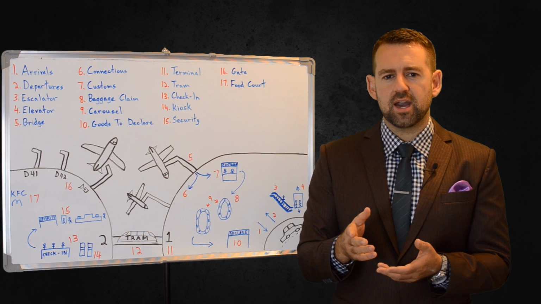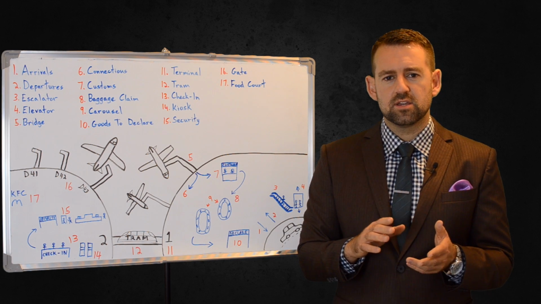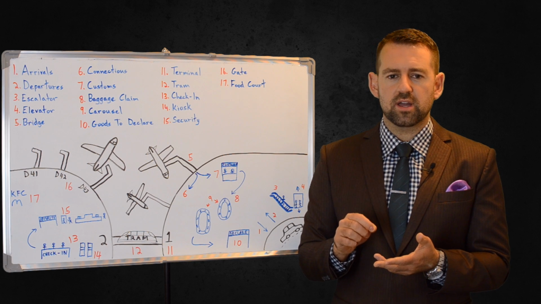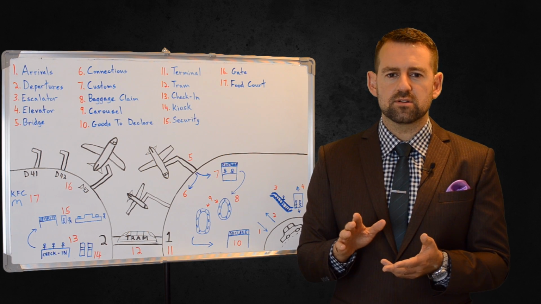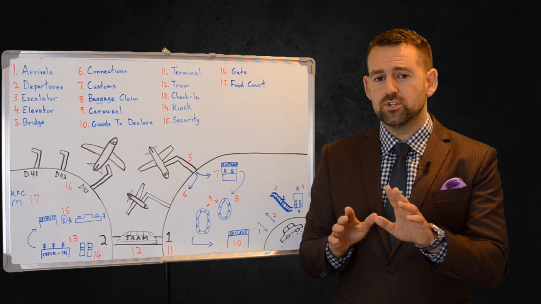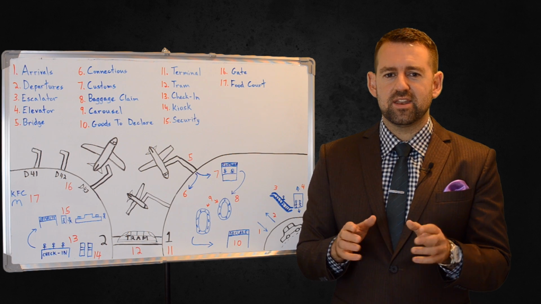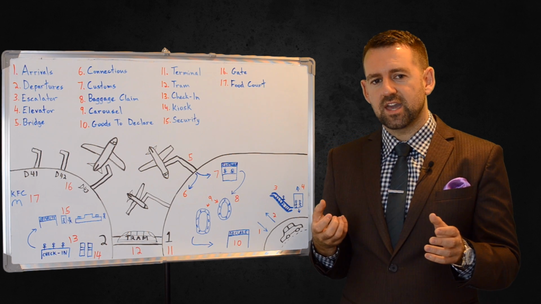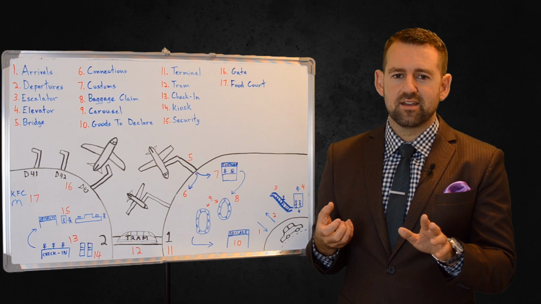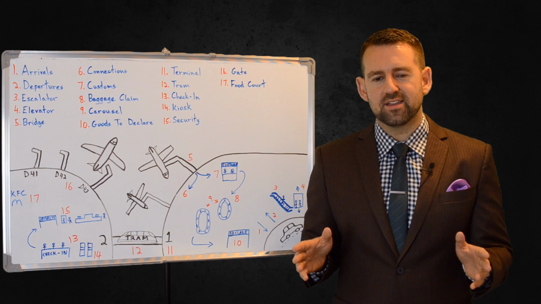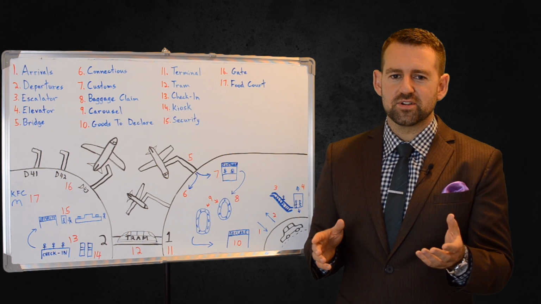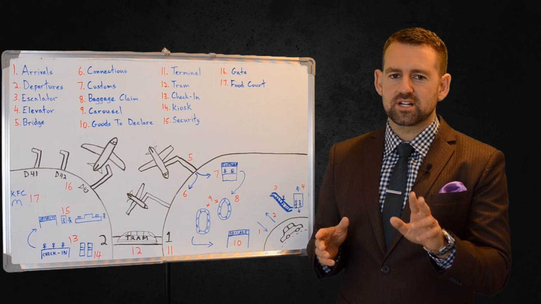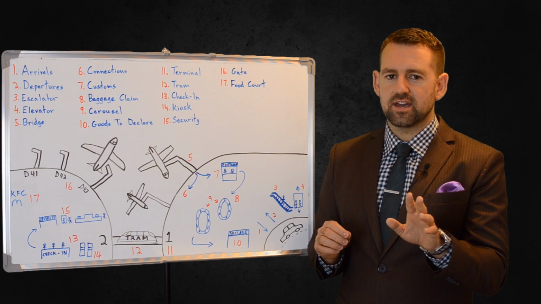So if you're going to Canada or the United States, you need to declare if you're bringing in more than $10,000 cash. If you don't declare it, then they'll probably confiscate all your money, and then you'll have no money when you're in the country. So remember to declare any goods that you need to.